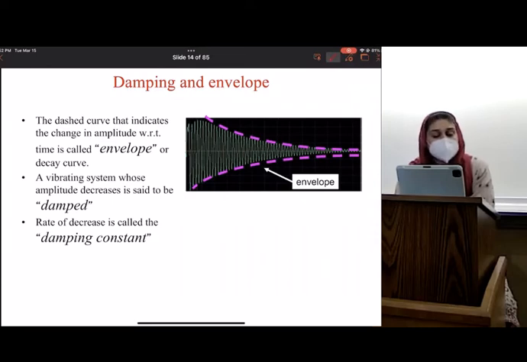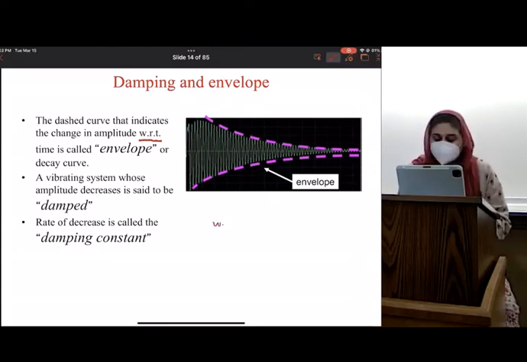By definition, it is the change in amplitude with respect to. So physics people like to not write with respect to. So you may see WRT written in a lot of places. That is read as with respect to.